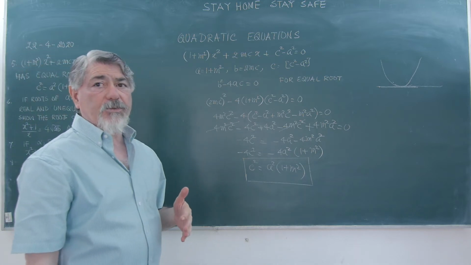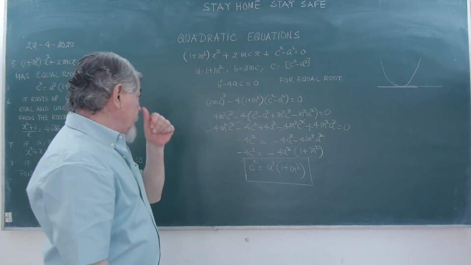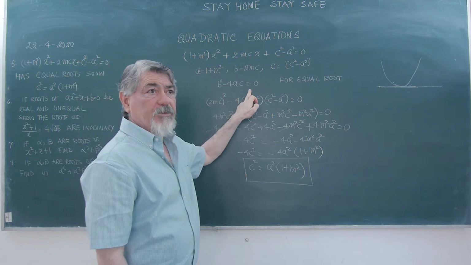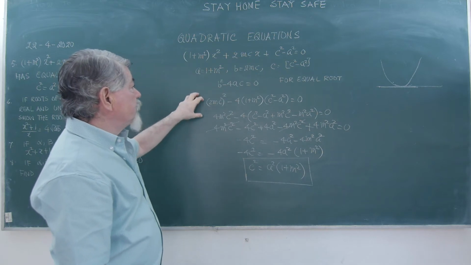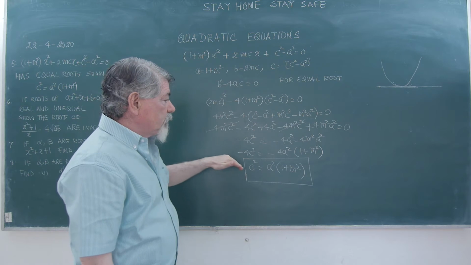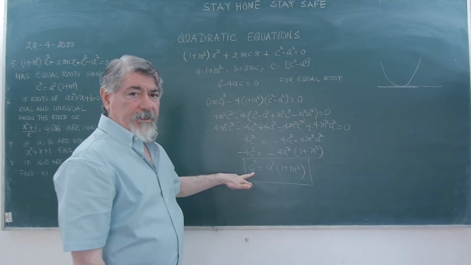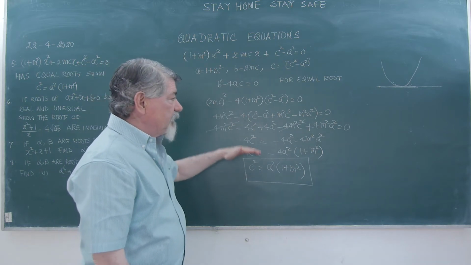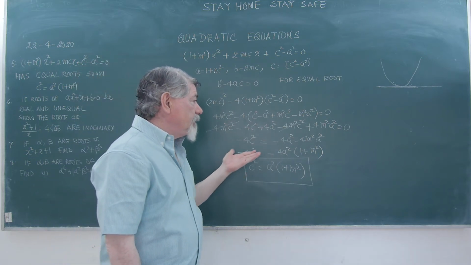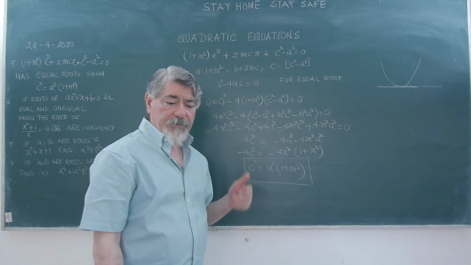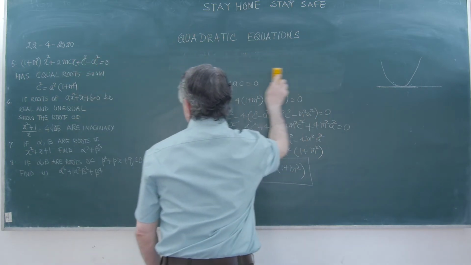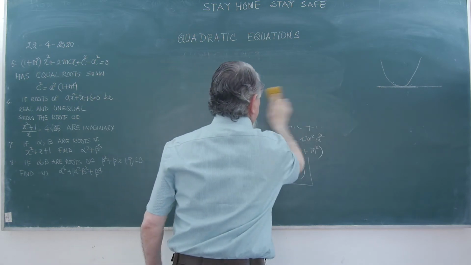If it has equal roots, then b square minus 4ac will be equal to 0. We substituted the values of a, b and c, and finally got the form which we wanted. It is simple calculation, simple multiplication, then whatever terms are there cancel, and then present the equation in the form which he wants.